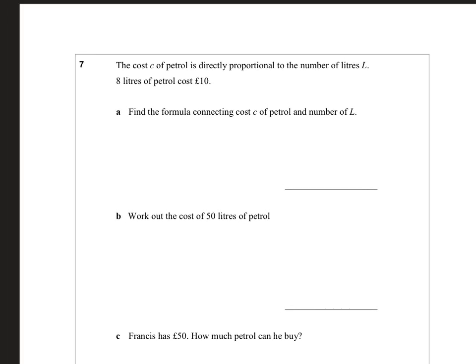Question 7. The cost of petrol is directly proportional to the number of litres. So the cost is K times the number of litres. Once again, we need to find the value of K. So £10 is K times 8.